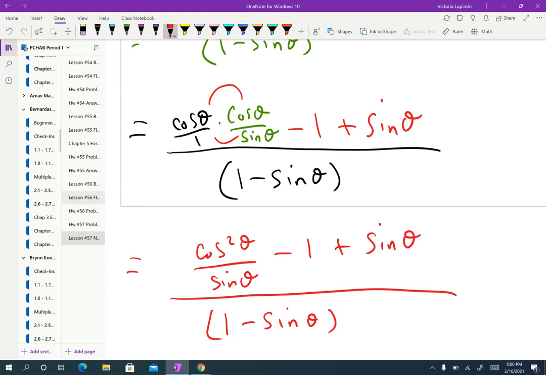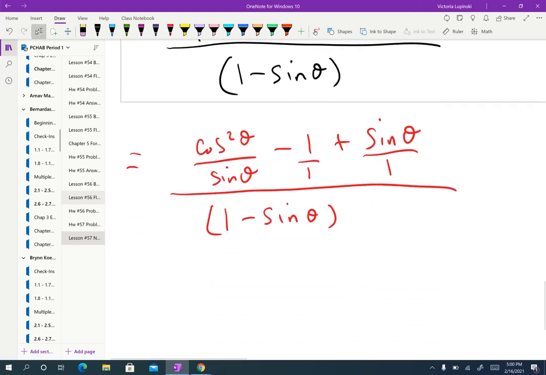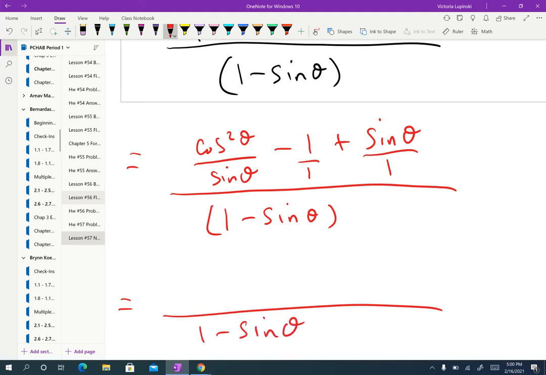Again, you have some fractions in the numerator, but not everybody. So I want to turn everybody into a fraction. So I'm going to rewrite this as 1 over 1 and then sine over 1. Again, I'm still going to focus on my numerator, so the denominator stays 1 minus sine. The common denominator of this sine and this 1 is just a sine.